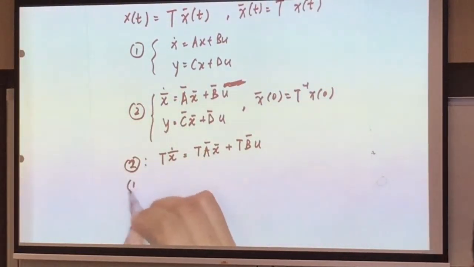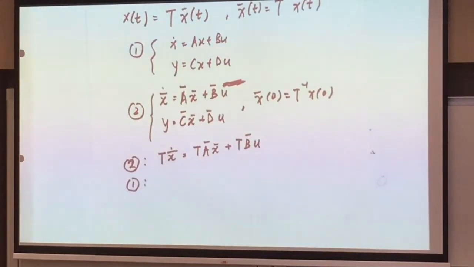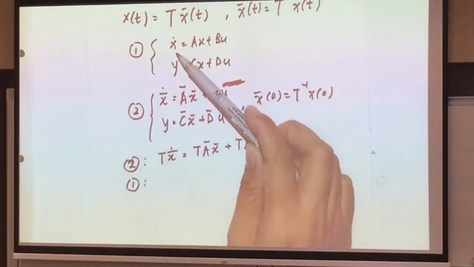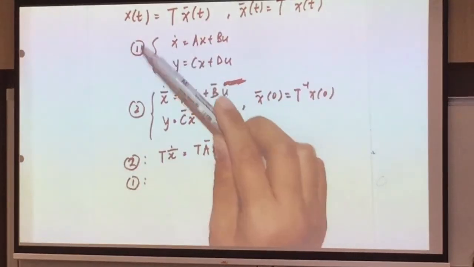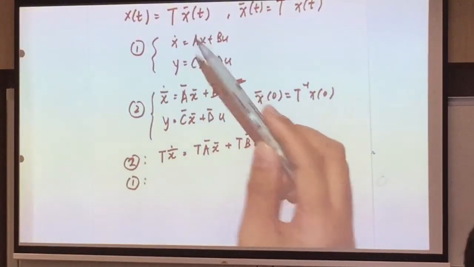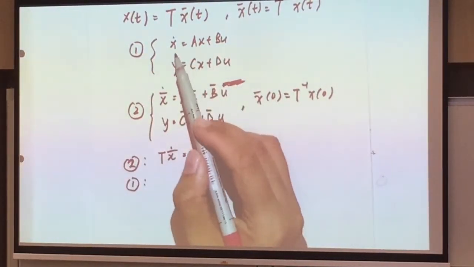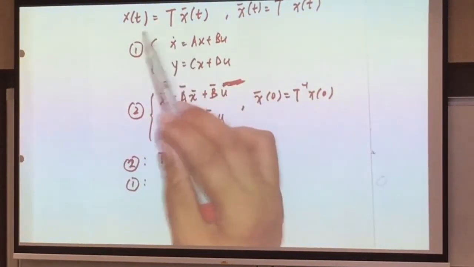And then from 1, this is x dot, right? And you know that x(t) is T x bar. So what is x dot? Differentiate the left and the right hand side.